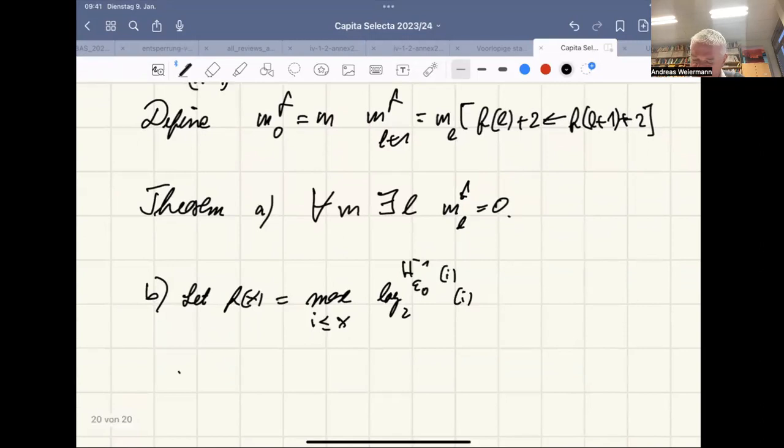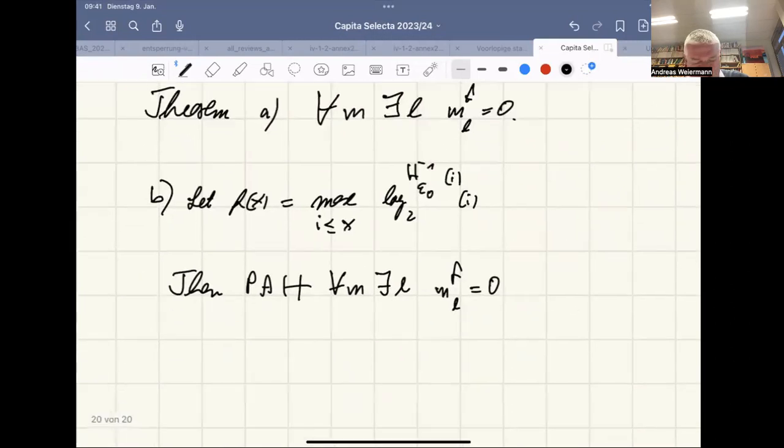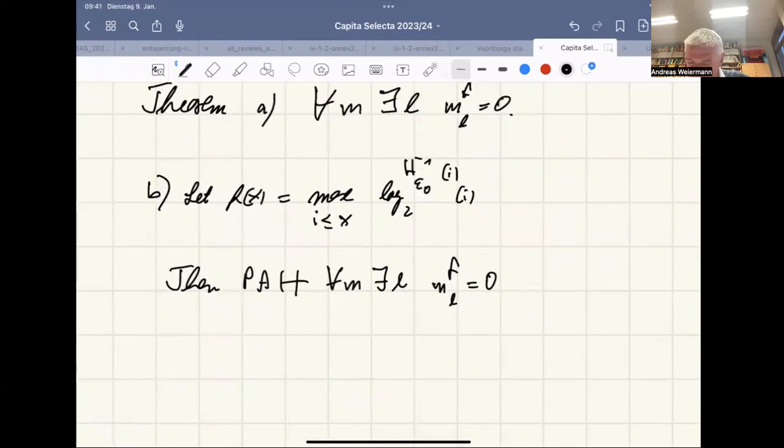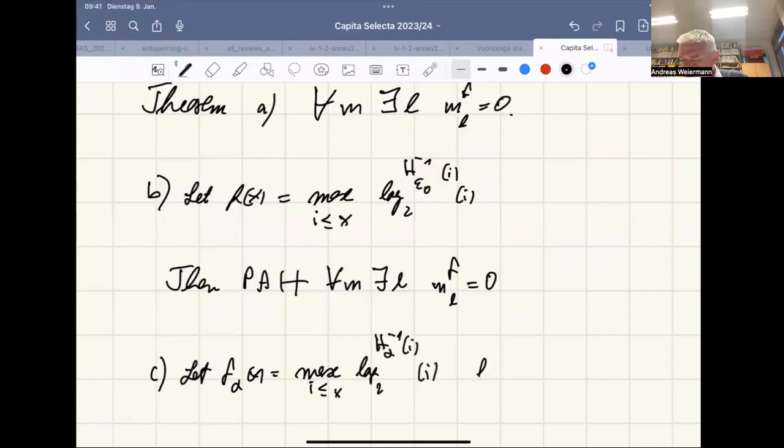And then EA does not prove that for all m there is L such that M_F(L) is 0. And C: let f alpha of x be the maximum I less than or equal to x of log 2 of h alpha inverse of I, for alpha smaller than epsilon 0, so for alpha in E.